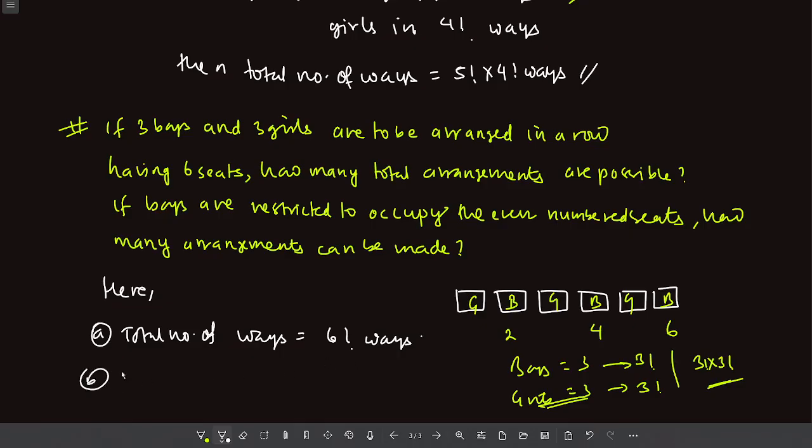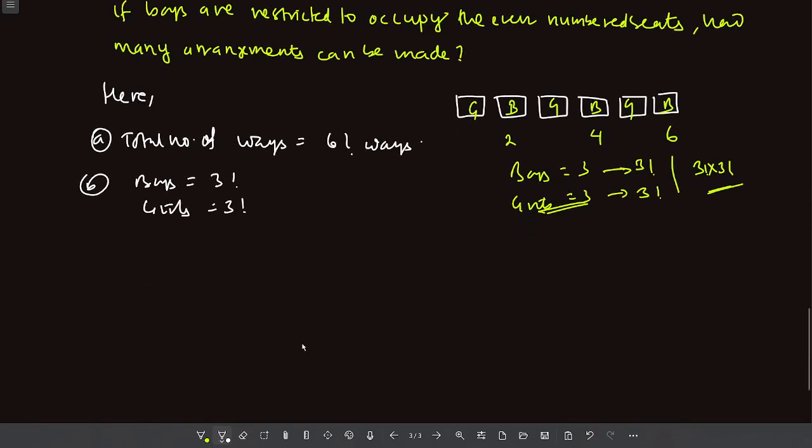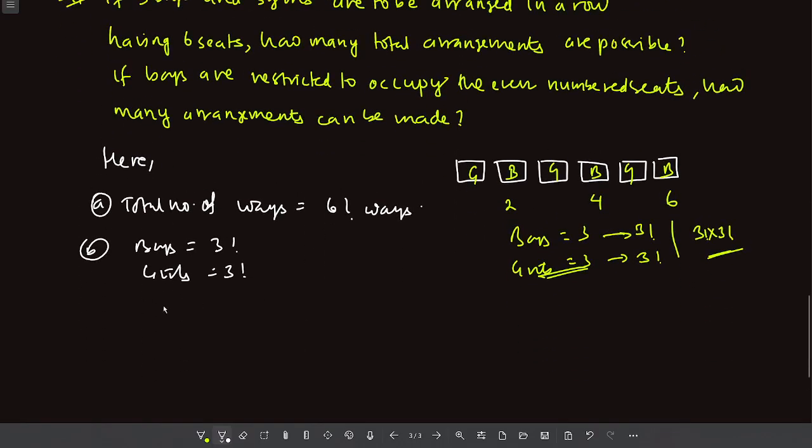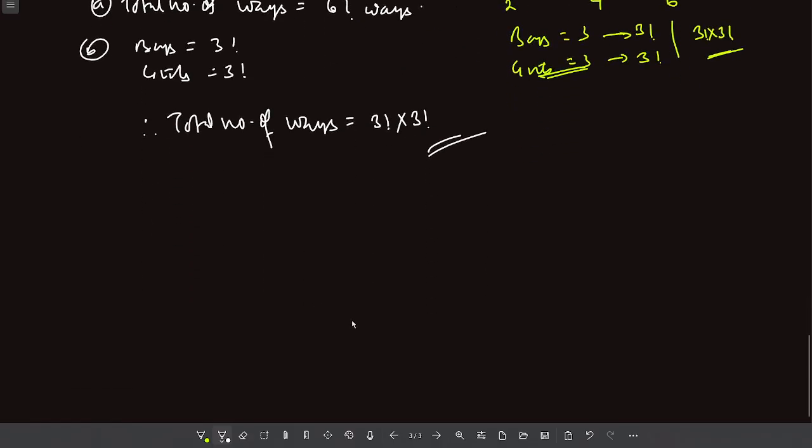And second, there is a restriction, so boys can be arranged in 3 factorial ways, girls in 3 factorial as well, and total number of ways is equal to 3 factorial times 3 factorial. This is our final answer. Okay, now let's discuss another question also.